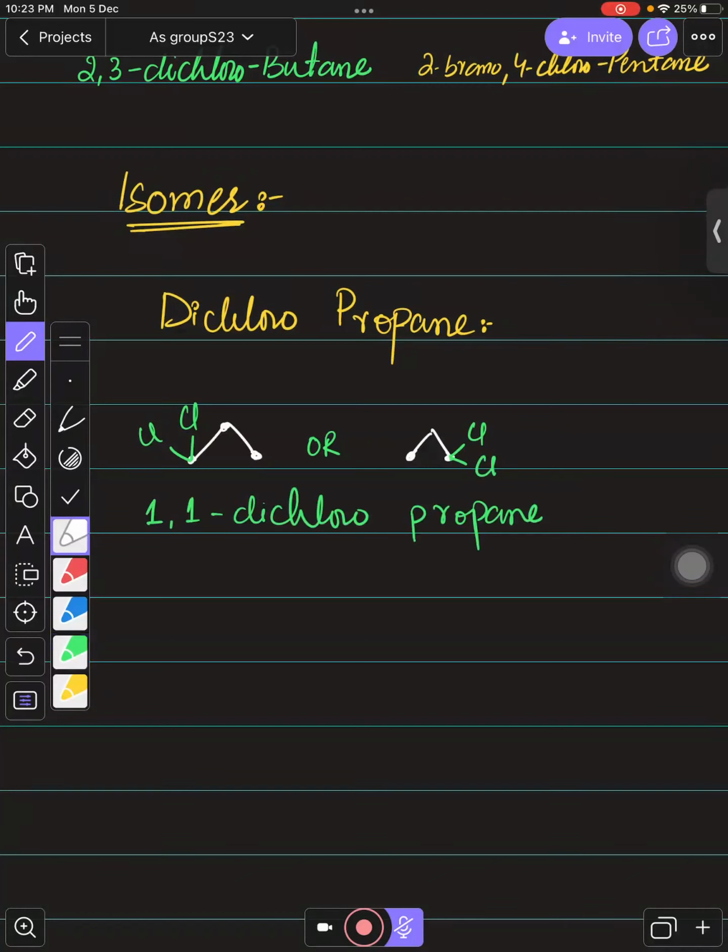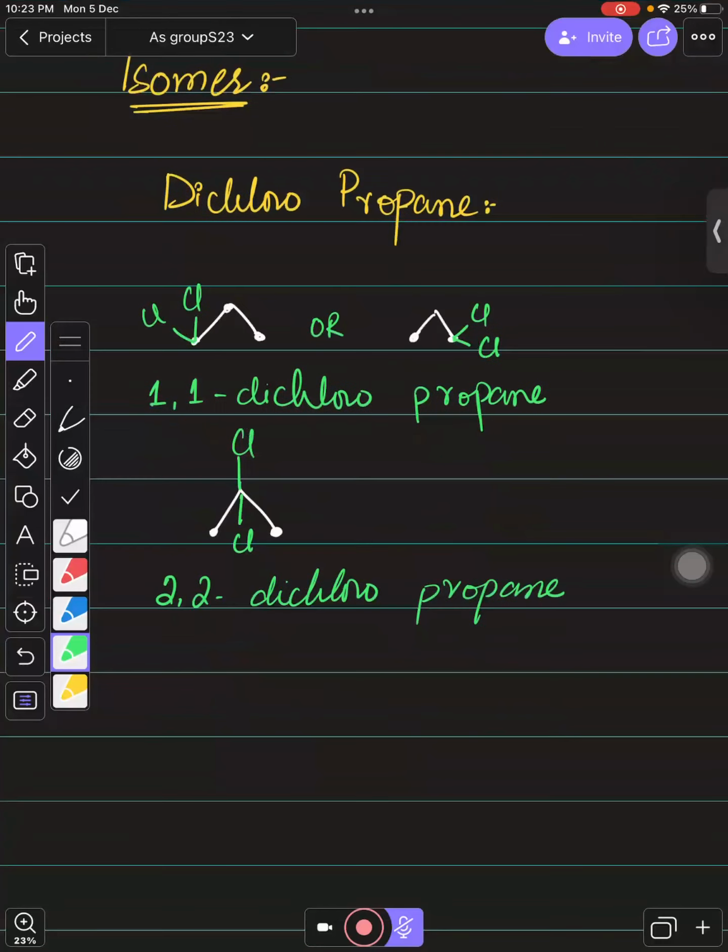The second structure that you can draw is, suppose this is propane and both the chlorines are on the second carbon, right? So this will be 2,2-dichloropropane, right? One more possibility that you can draw is like this.